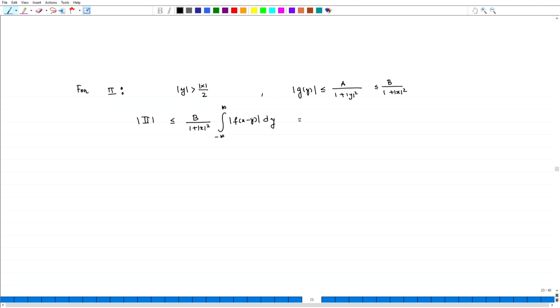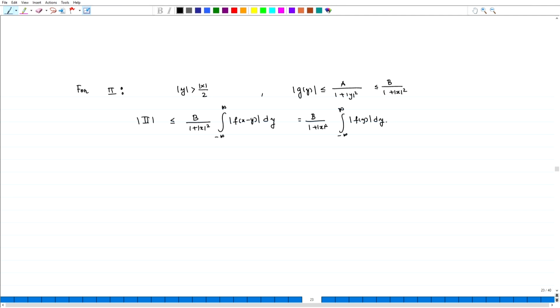By making a change of variable, this is equal to B over 1 + |x|² times the integral from minus infinity to infinity of |f(y)| dy, which is again independent of x.